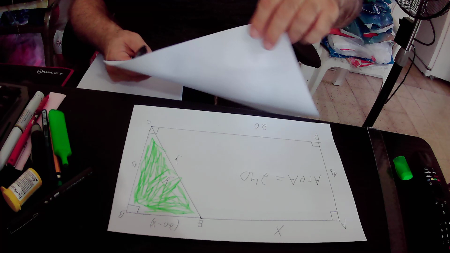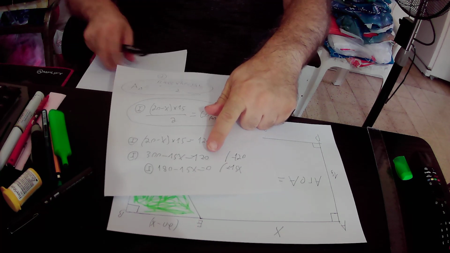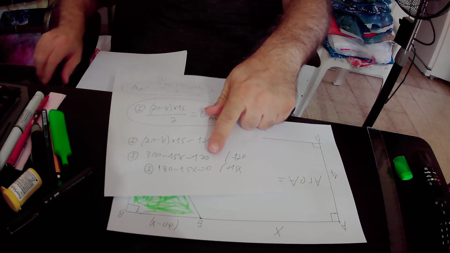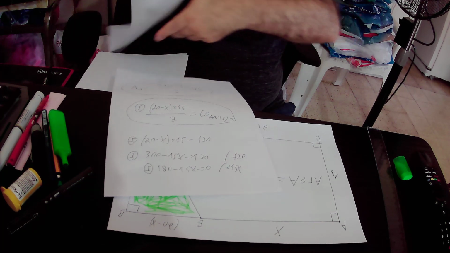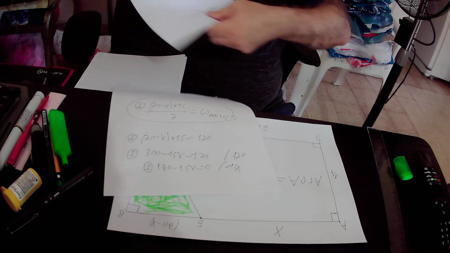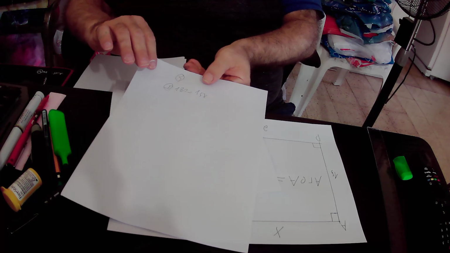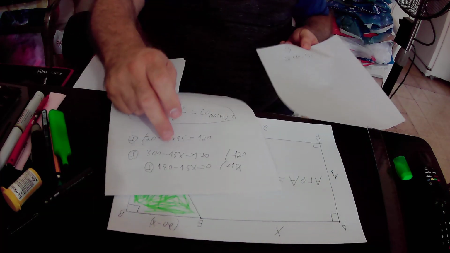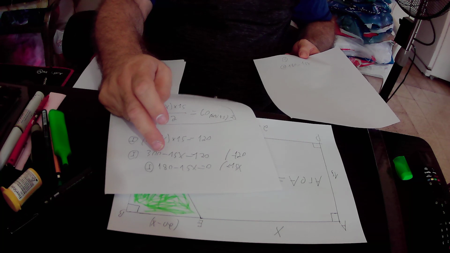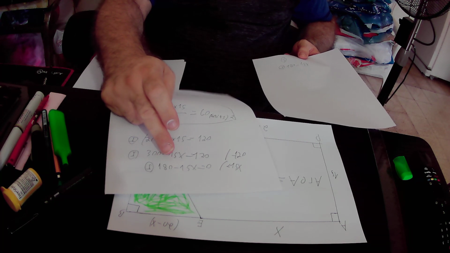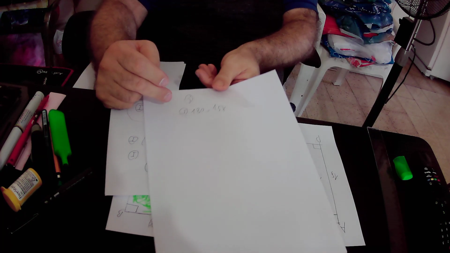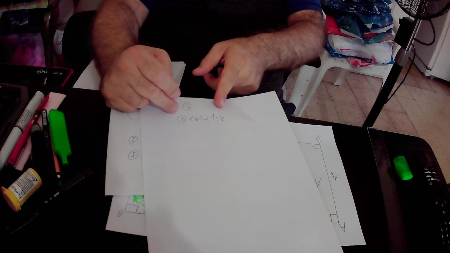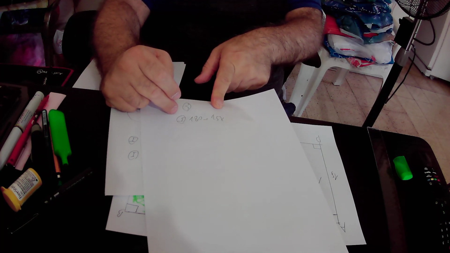So 0 plus 15x equals 15x, and 180 minus 15x plus 15x equals 180. So we got that 180 equals 15x.